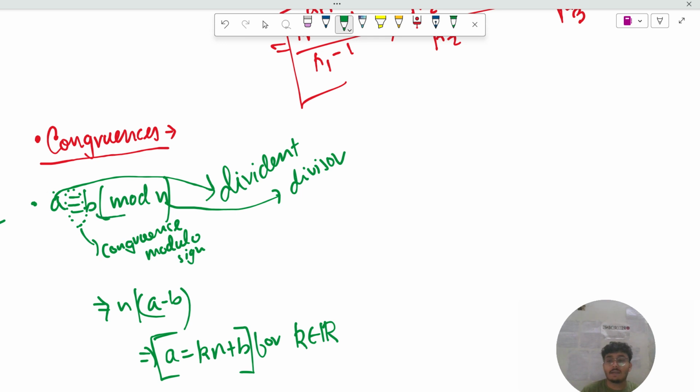And I am left with B, so here B becomes my remainder. So this is your A equals Kn plus B, where my dividend is A, N is my divisor, B is my remainder and K is my quotient. So basically, dividend is equal to divisor into quotient plus remainder. Ultimately, my congruence denotes the basic Euclid's division algorithm.